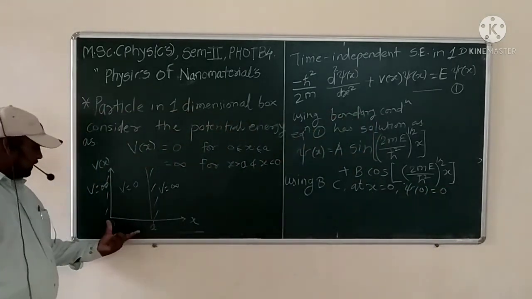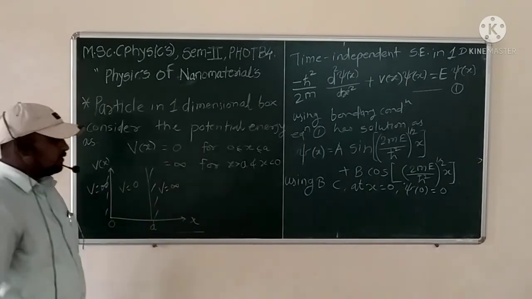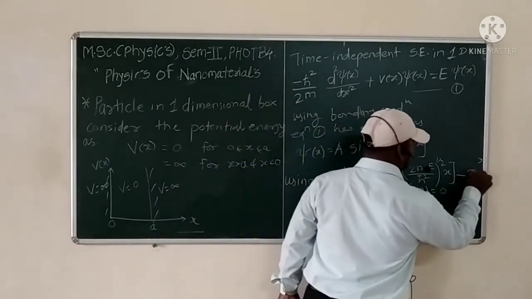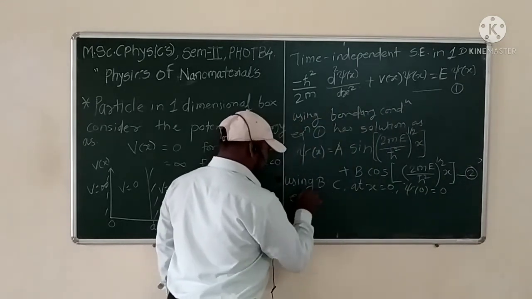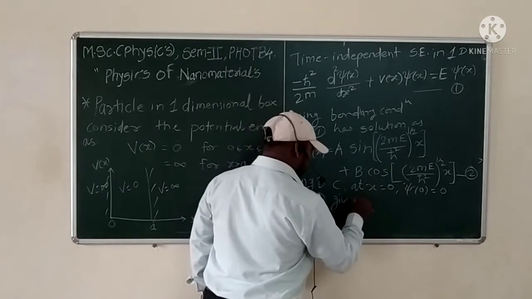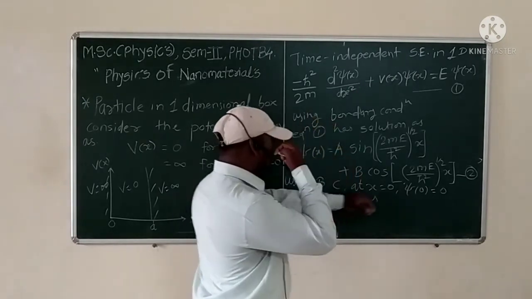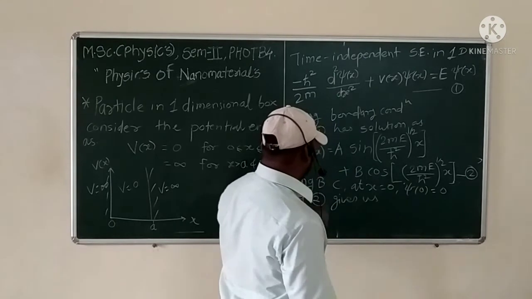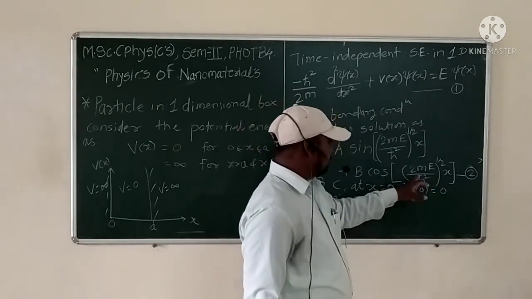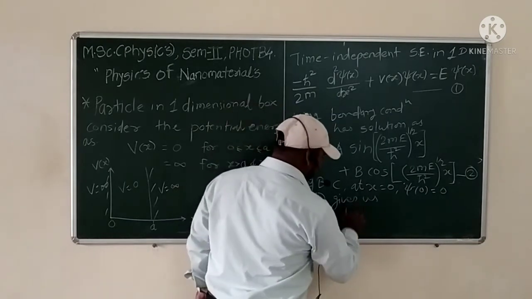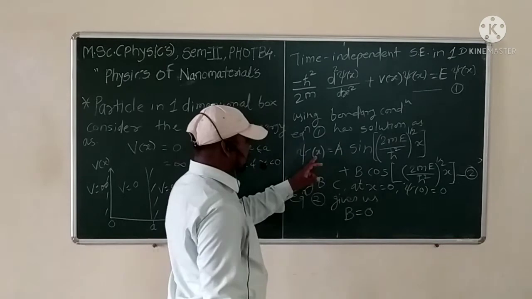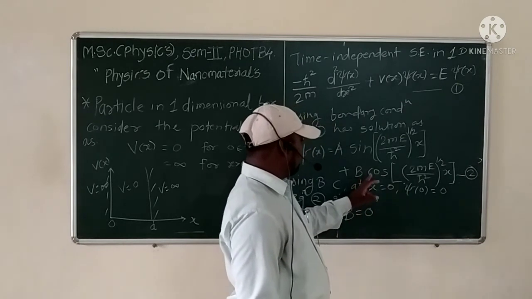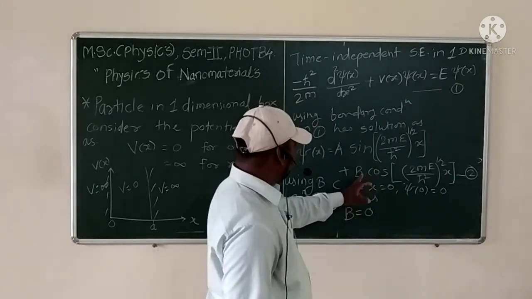So at the ends or boundary points, x equal to 0 and x equal to a, the wave function psi is 0, which implies that when we put this in equation 2, the term with sin becomes 0 when we put x equal to 0, and cos 0 is 1, so we are left with B into 1, which is B, and B is equal to 0.